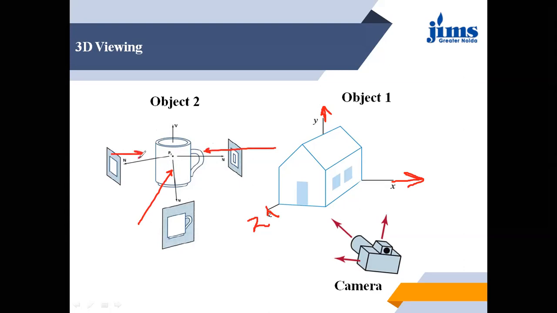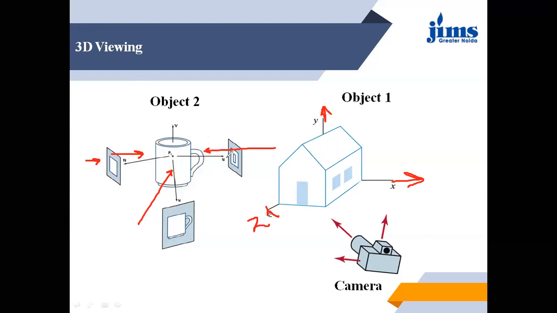then as the handle of this is on this side, suppose I want to see this object from this side, then I cannot see the handle of this kettle at all.